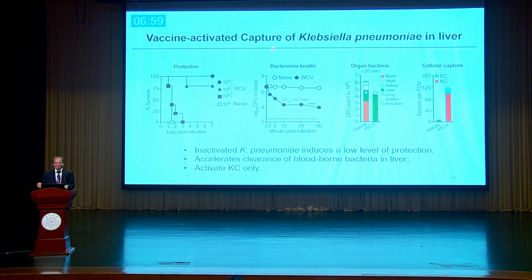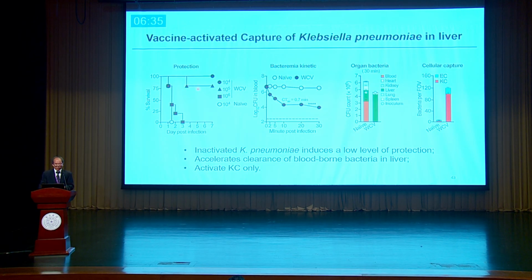And then we moved on to other encapsulated bacteria, for example, Klebsiella pneumoniae and E. coli. Here we did not do conjugated vaccine versus the polysaccharide vaccine because there's no such vaccine. And so we used a homemade whole cell vaccine. Basically, we just inactivated bacteria and immunized.